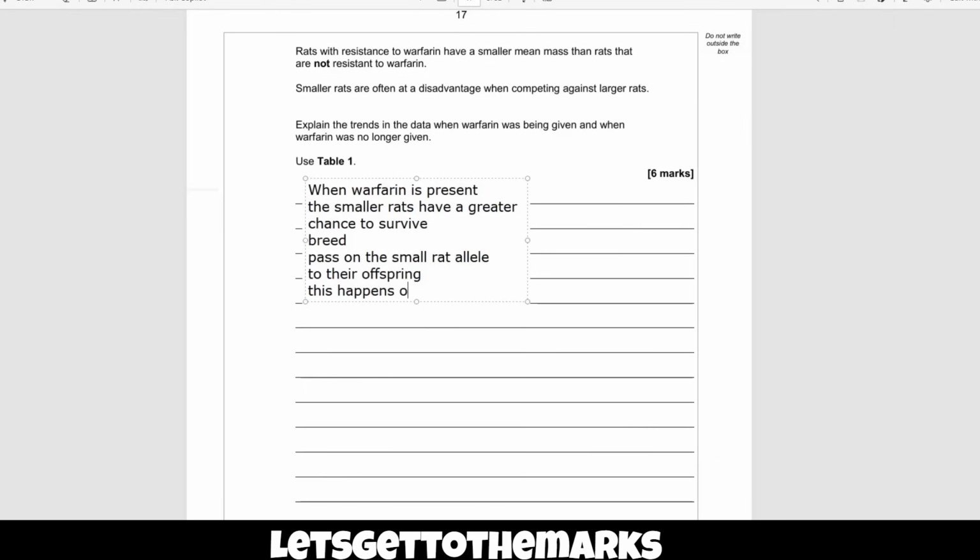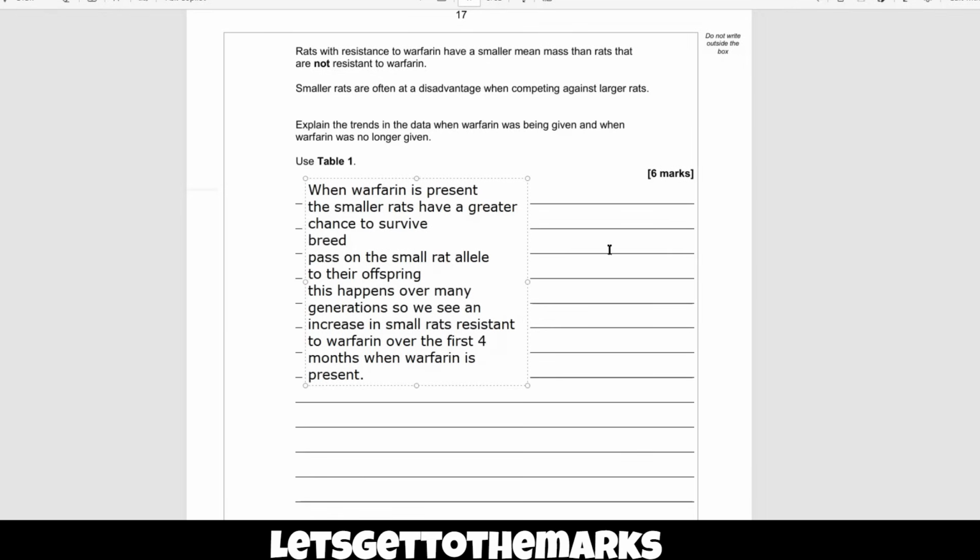This happens over many generations. So we see an increase in small rats resistant to warfarin over the first 4 months when warfarin is present.